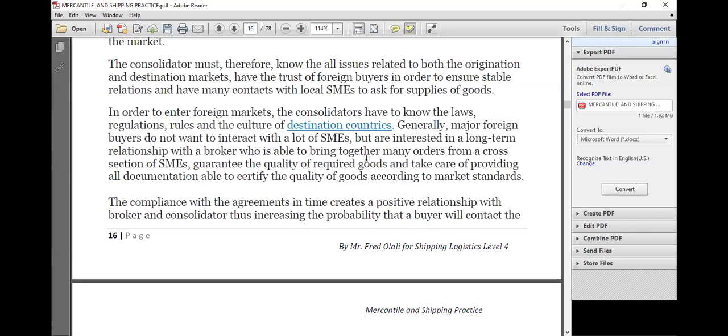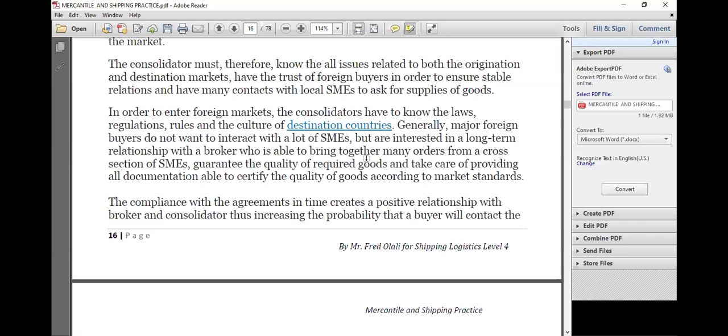And generally, major foreign buyers do not want to interact with a lot of SMEs, but are interested in a long-term relationship with a broker who is able to bring together many orders from across sections of SMEs, guarantee the quality of required goods, and take care of providing all documentation able to certify the quality of goods according to the market standards. So which means here, if you become a consolidator, you must always provide quality products to gain the trust of these foreign buyers. So this is a mandatory thing you must do.